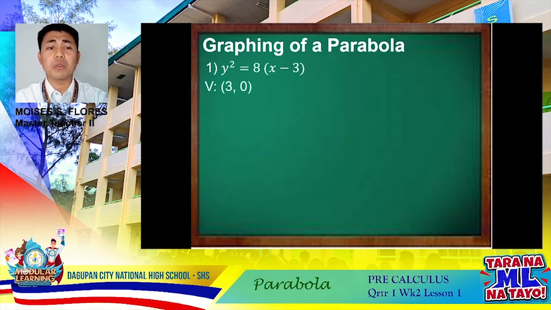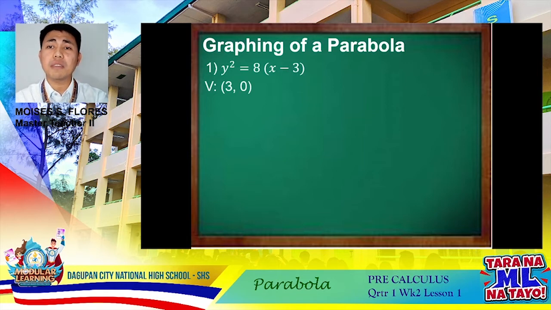Why (3, 0)? With respect to x, you notice here, x minus 3, equate that to 0, then negative 3 transposes to the other side, it becomes what? 3. And why is it 0 here with respect to y? Because it is said to be on what? Vertex at origin. So therefore, your vertex here is (3, 0).